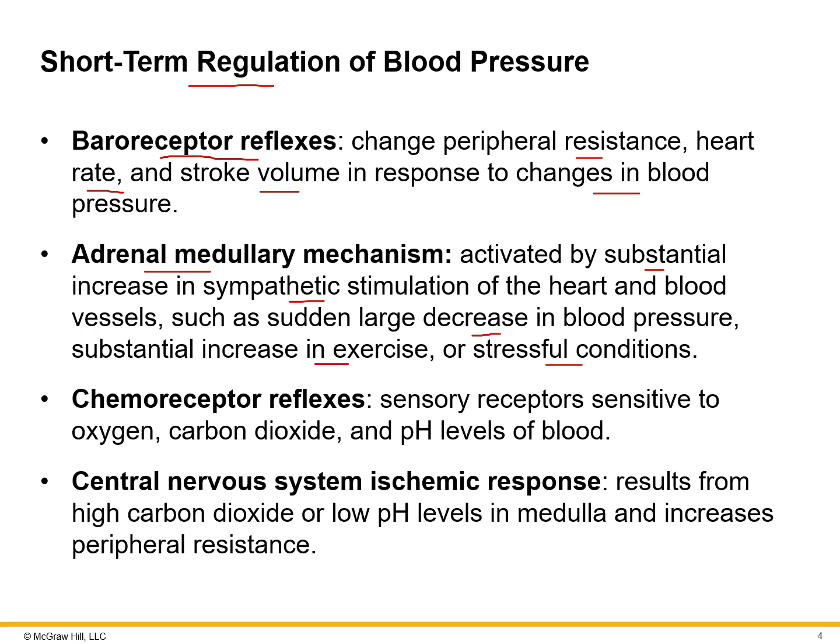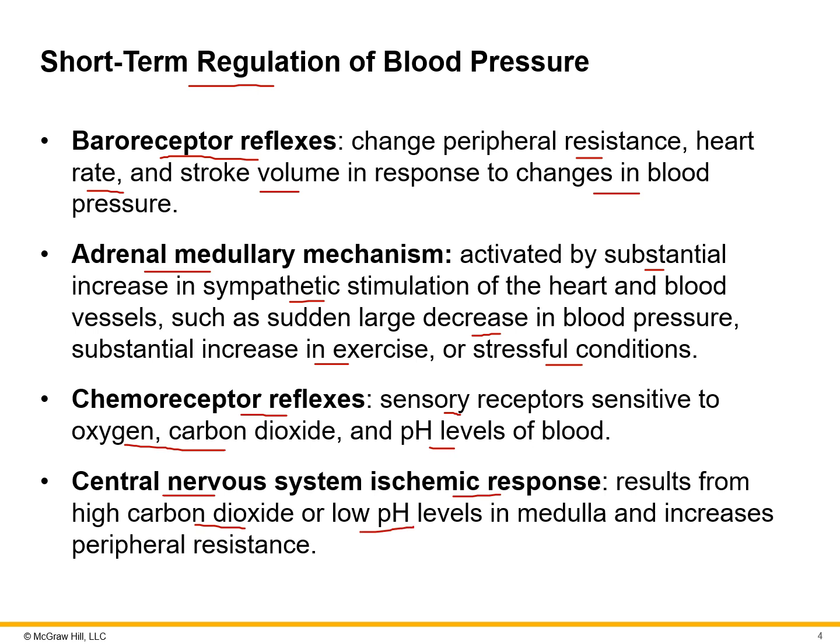We also have chemoreceptor reflexes, and this is where we have sensory receptors that are sensitive to oxygen, carbon dioxide, and pH levels that would all indicate a change or a need to change that blood pressure. And then finally, our central nervous system ischemic response, and this results whenever we have too much carbon dioxide or a low pH, because carbon dioxide combines with water in our blood.